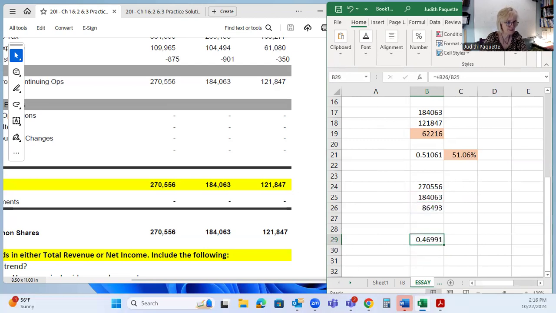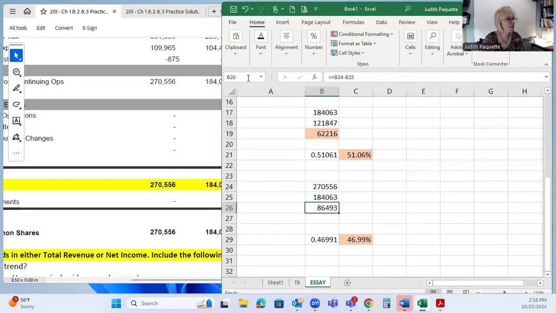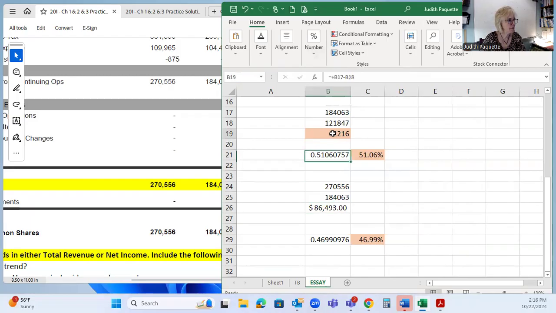You'd get 0.46991 or 46.99%. So you need to be able to calculate the numeric growth rate, the dollar growth rate, which we have here, and the percent growth rate.